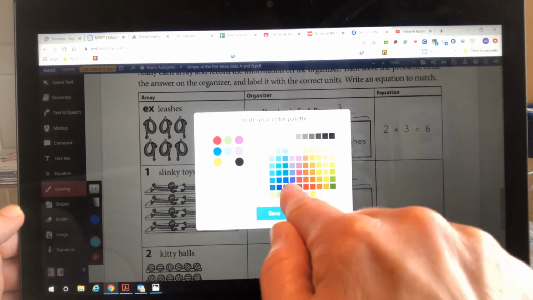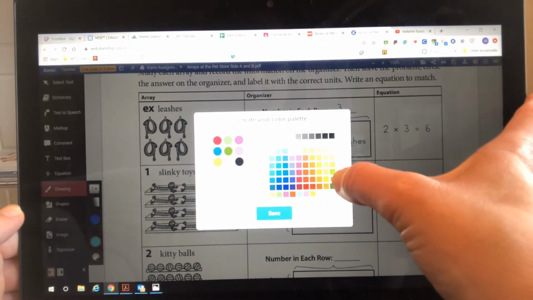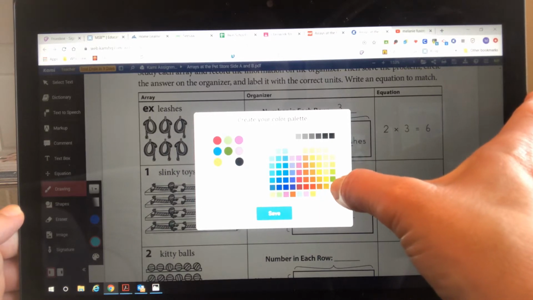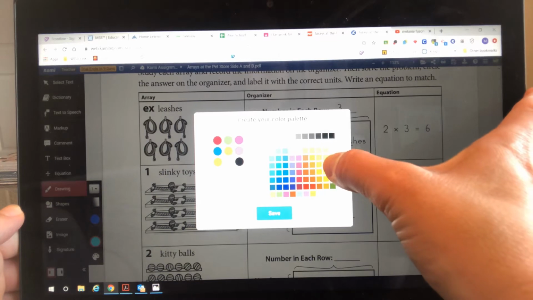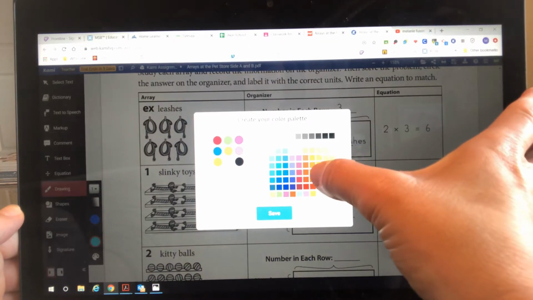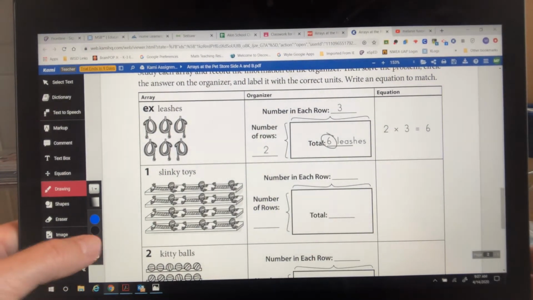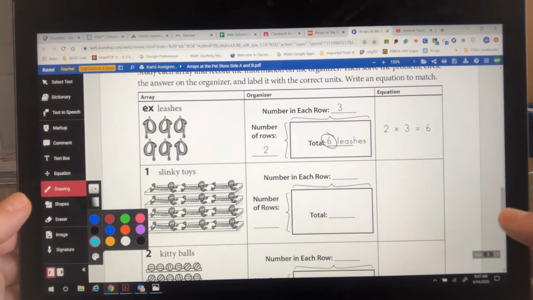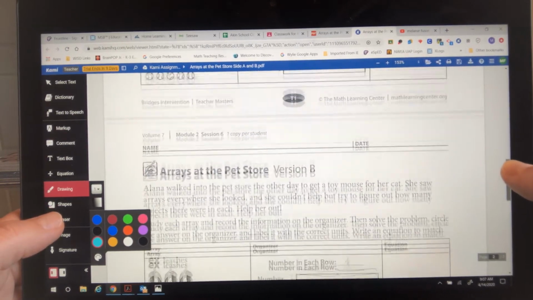Let's see, what is a good color that I don't have? I don't have an orange. There we go. And then when you hit your wheel, it'll be up there again. But you're going to do side B all on your own.